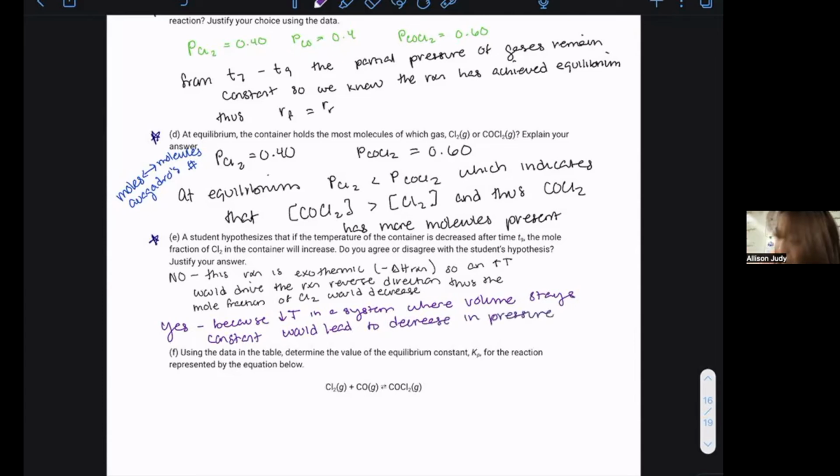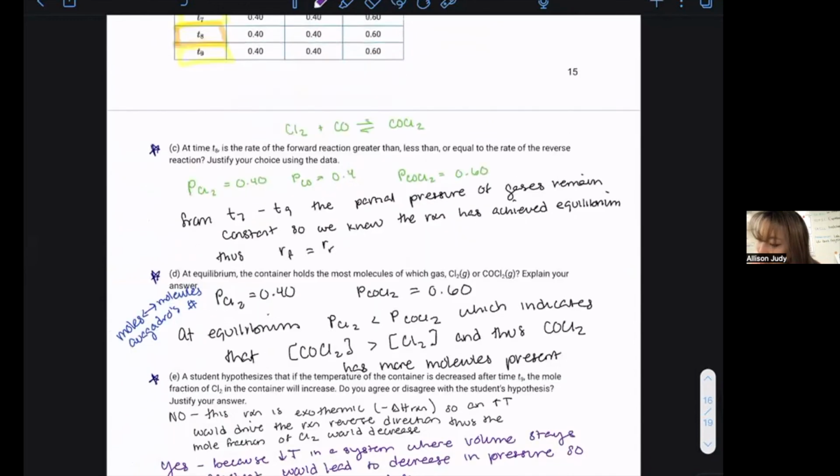I believe that's Boyle's law. So now we're looking at this in terms of the ideal gas law, because these are all gases in a system. And if the pressure decreases, the reaction will actually shift to increase that pressure again. So the reaction will shift toward the side with the greater number of gas moles, so there's more pressure in the container.